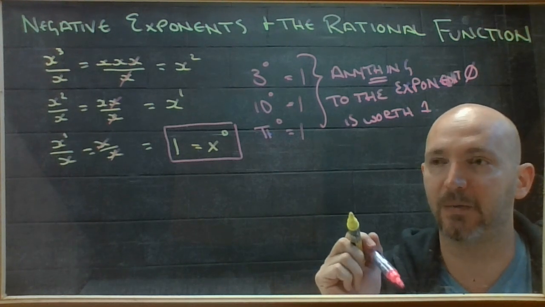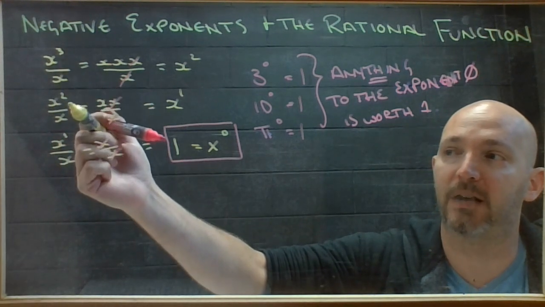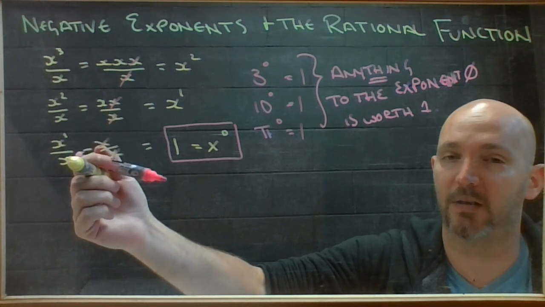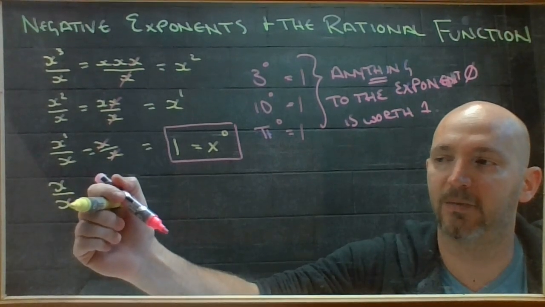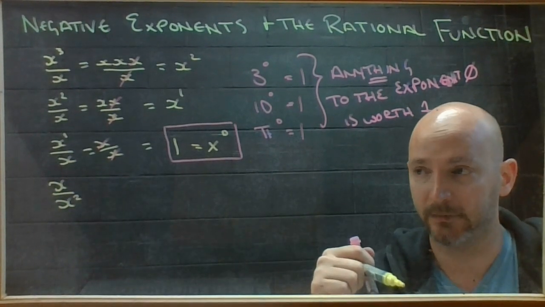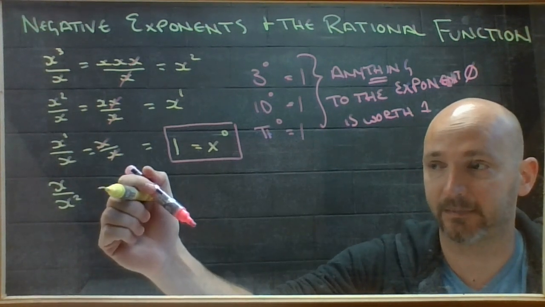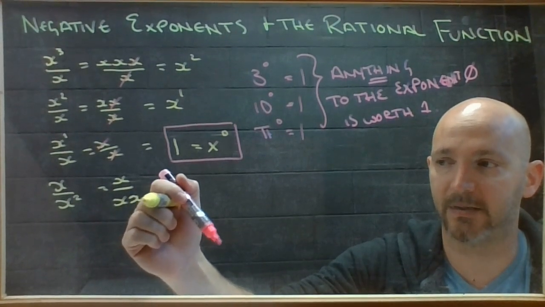Now I'm going to continue this pattern. I had a cube on top and 1 on bottom, a square on top and 1 on bottom, 1 on top, 1 on bottom. I'm going to try 1 on top, 2 on the bottom. Now, if you simplify that, it's 1 x up here, 2 x's down there.